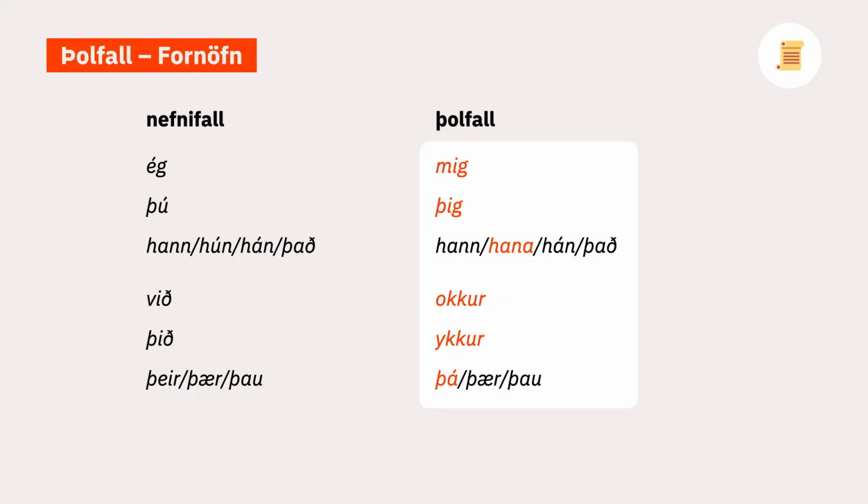So we have seen the pronouns on the left already in Þolfall: ég, þú, hann, hún, etc. On the right, we see how the pronouns are in the accusative, Þolfall. So we have mig, þig, hann, hana, hán, það.